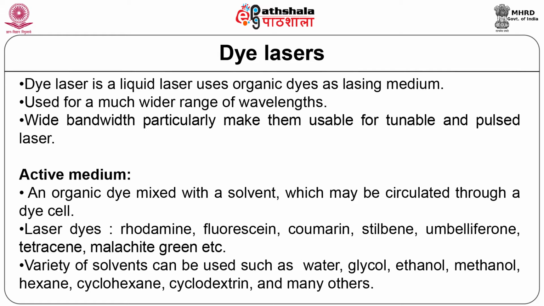Some of the laser dyes are rhodamine, fluorescein, coumarin, stilbene, umbelliferone, tetrazine, malachite green, etc. A variety of solvents can be used such as water, glycol, ethanol, methanol, hexane, cyclohexane, cyclodextrin and others.